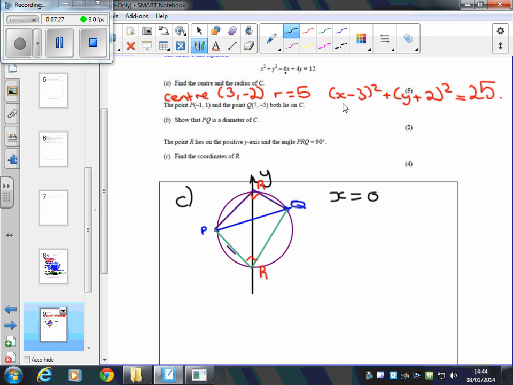Substituting that into the equation of the circle that we found in part A will give us (0 minus 3) squared plus (y, which in this case now is r y, plus 2) squared equals 25.